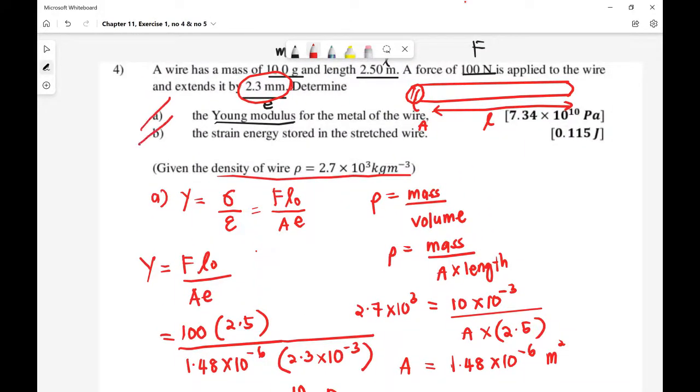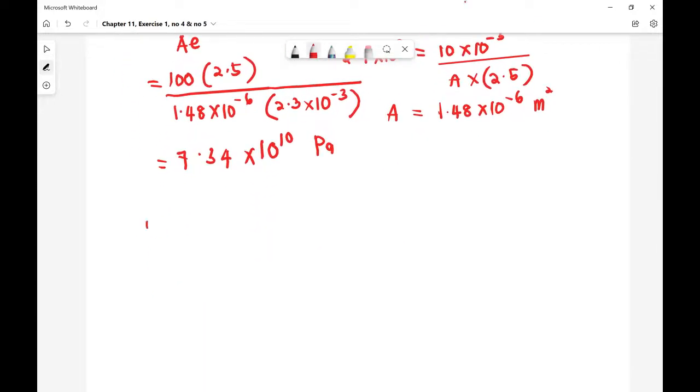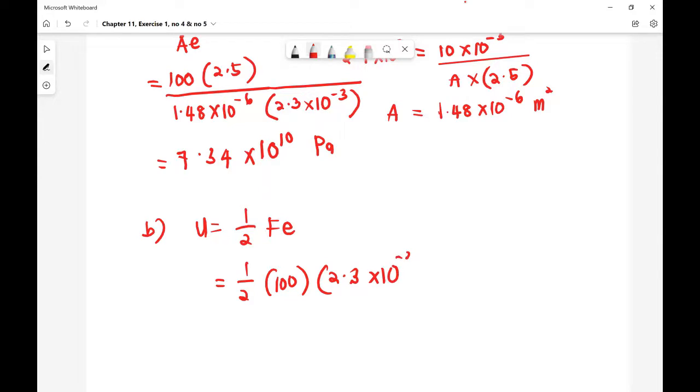And then question B, the strain energy stored in the stretched wire. Okay, so formula untuk strain energy adalah U equals half times force times elongation. So substitute force, which is 100, and then times elongation 2.3 times 10 to the power of -3.